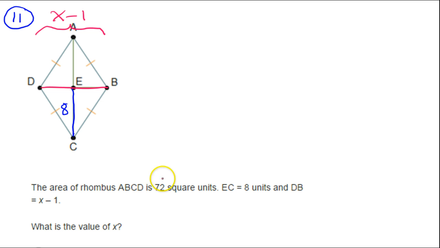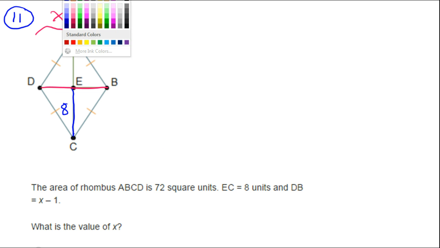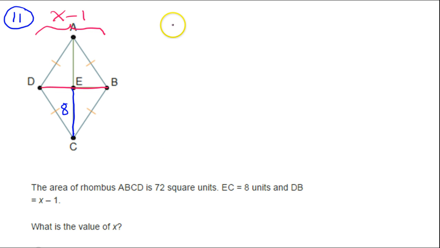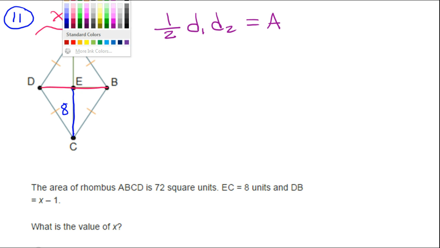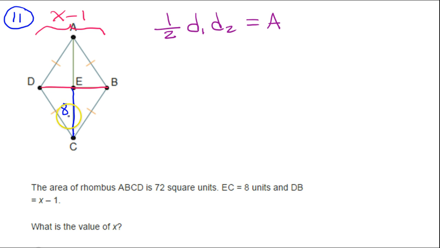Well, they've given us the area of the rhombus, so let's start with the formula for the area of a rhombus. We know that 1/2 diagonal 1 times diagonal 2 should equal the area of a rhombus. So let's substitute in everything we know. So first of all, the blue diagonal from A to C, we were given half of it is 8.